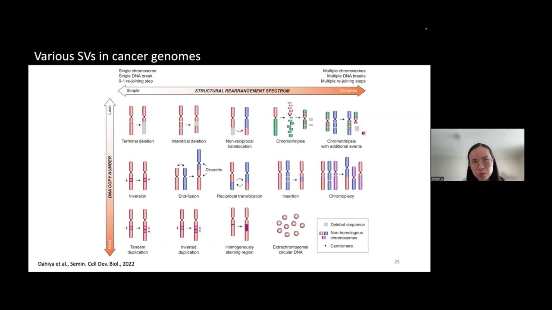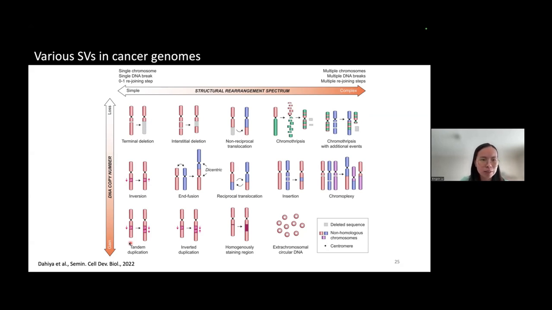Some of the pieces may form extrachromosomal circular DNA, or ecDNA for short. And the structural variants may also affect copy numbers. If there is a deletion, there will be copy number loss, and if there is duplication, there will be copy number gain. So actually, copy number alterations and the SVs are closely related.